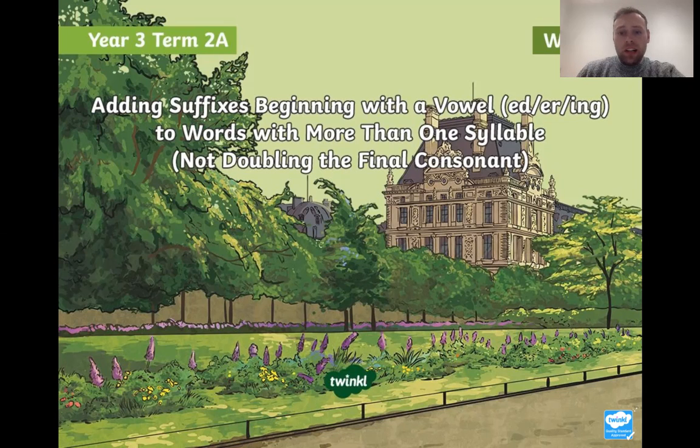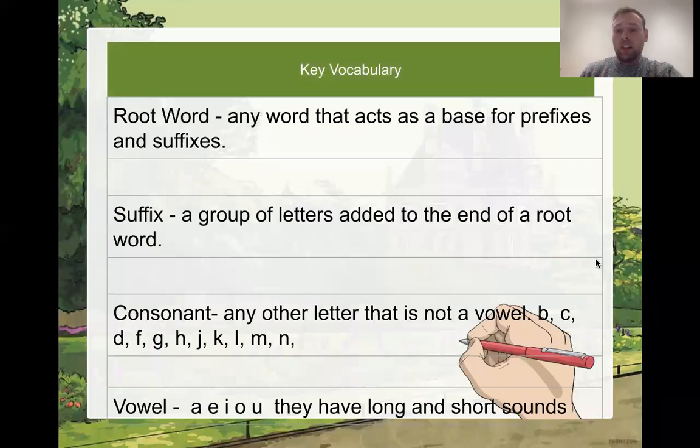Let's take a look at some more words that we're going to meet today, okay? And the first one is root word. So a root word is any word, okay? Any word that doesn't have prefixes or suffixes added to it. I'm going to show you what I mean in a minute. A suffix is a group of letters added to the end of a root word.